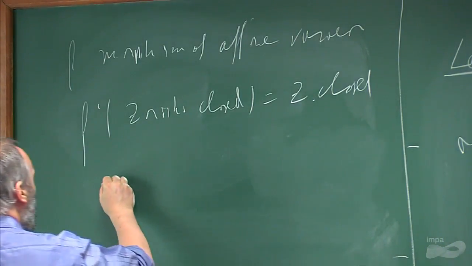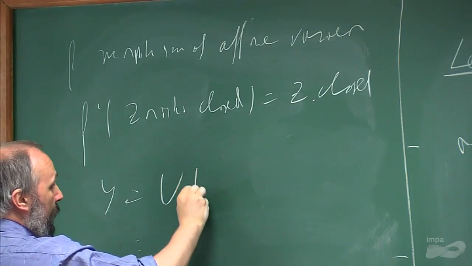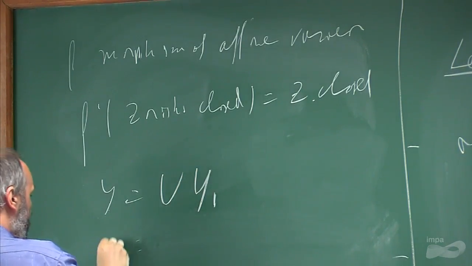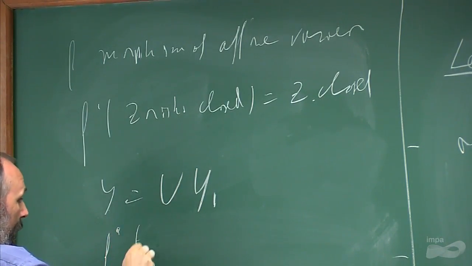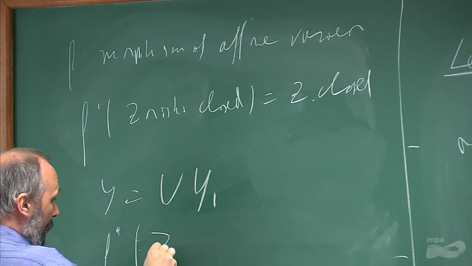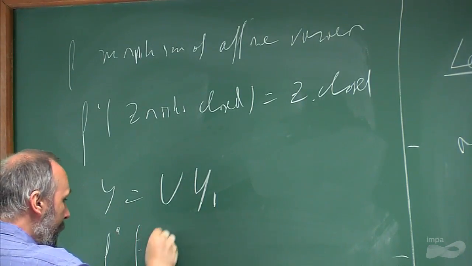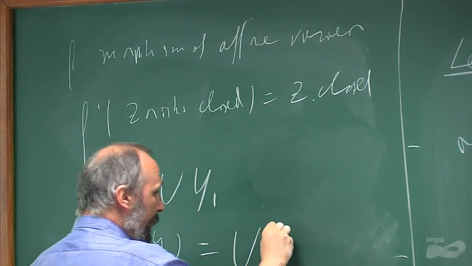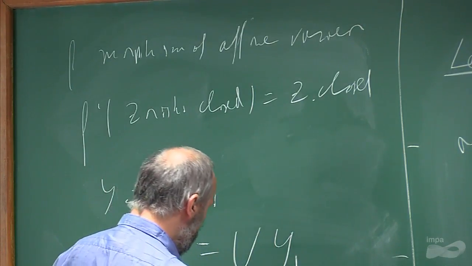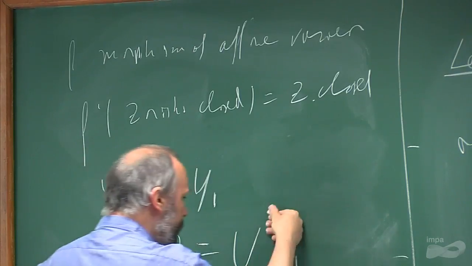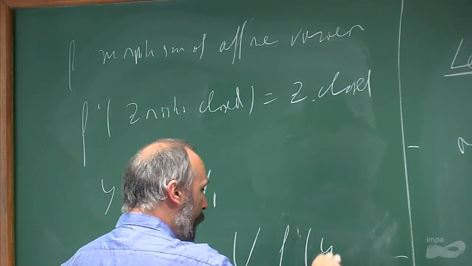And then if Y is a union of the Yi, then f star of Y is the union of f star of Yi.